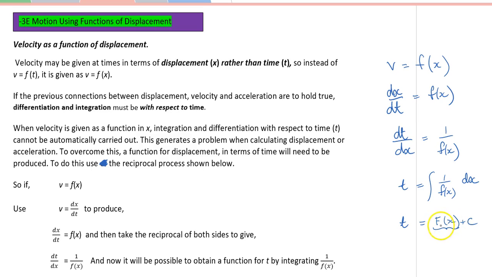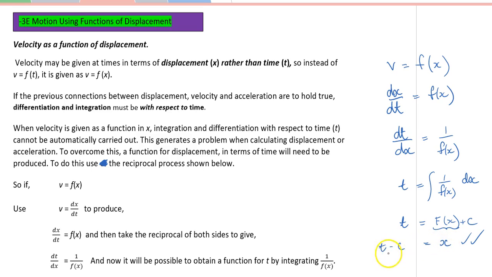Now, if we work with that and make x the subject, we might have t minus c, and a whole lot of other things going on in order to reduce this function in x to a single x. It doesn't really matter, because what we've achieved is x in terms of t.